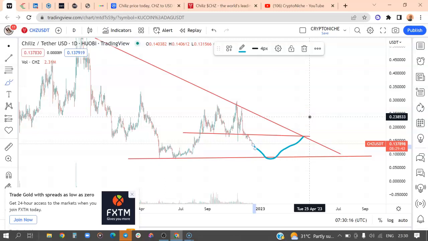That is my prediction. But can we trade this? How can we trade this on a shorter time frame and make some money from it? I'm going to show you. Just relax.